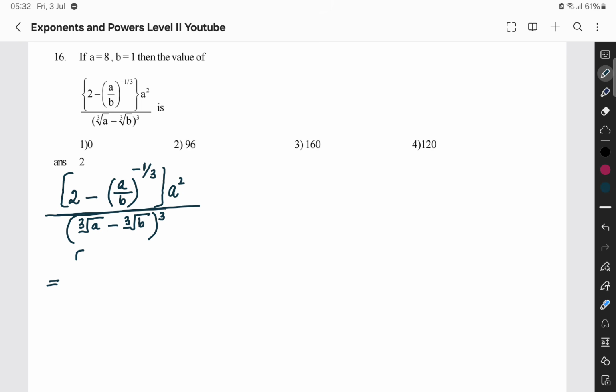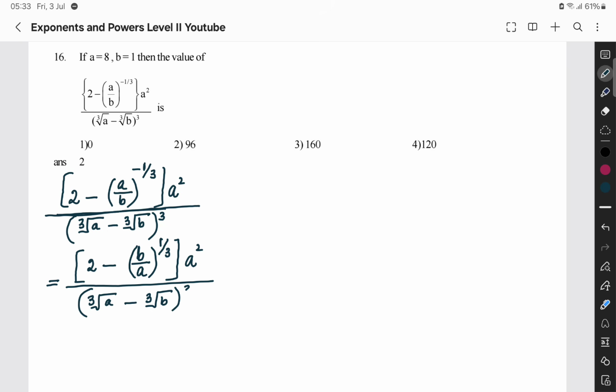Now in the next step I can write this as 2 minus b by a whole power minus 1 by 3. I can write b by a whole power 1 by 3 into a square by cube root of a minus cube root of b whole cube.